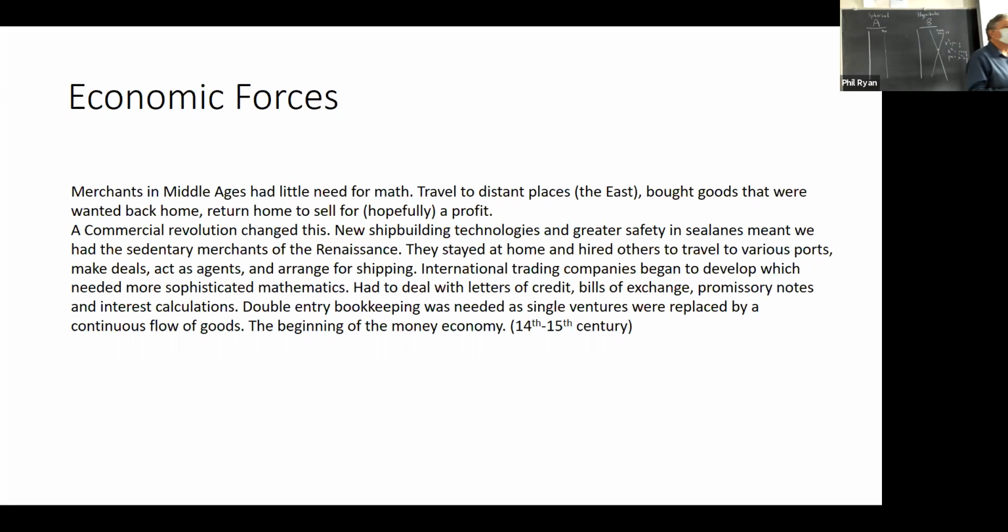The thing that made all this possible was double entry bookkeeping, which was invented in Italy by Luca Pacioli sometime in the 15th century. Instead of merchants having a discrete event where you get a shipload of goods, come back and make money, you now had a more continuous flow of goods, and you had to be aware of the financial situation. This all happened in the 14th, 15th century, first in Italy.